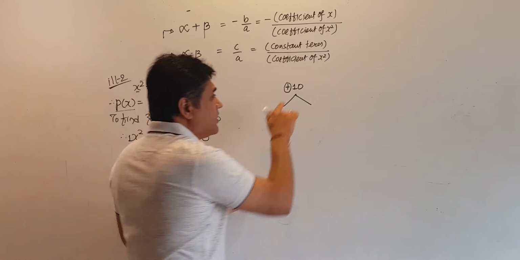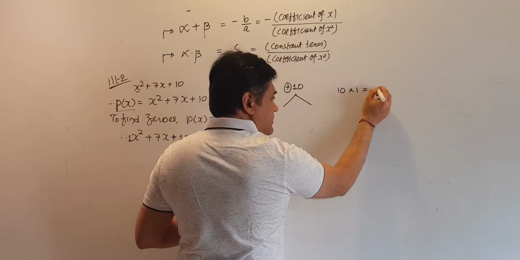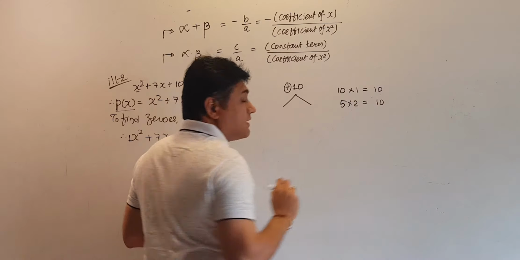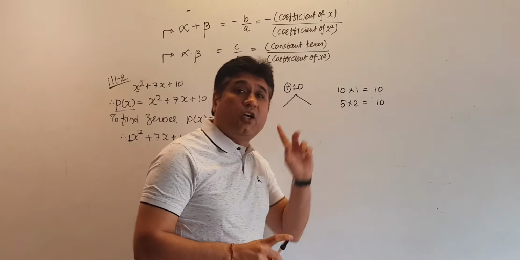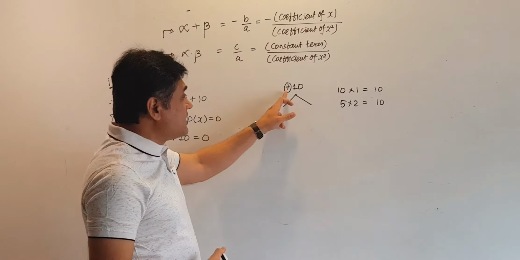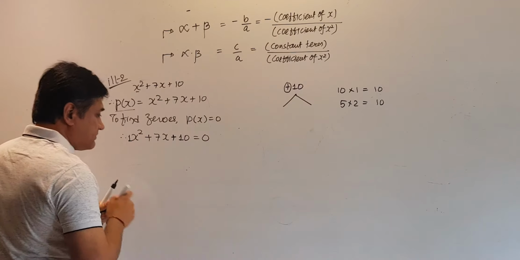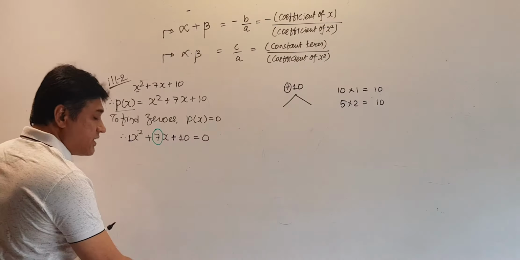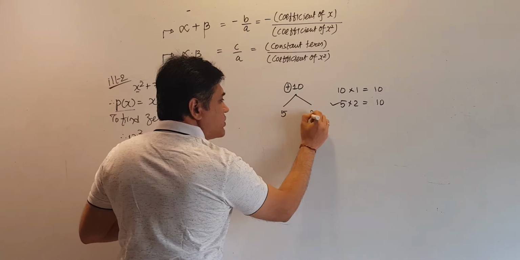Let me explain you. So factors of 10: 10 into 1, that is also 10, and 5 into 2, that is also 10. Now which one should I take? 10 into 1 or 5 into 2? The sum of the two factors should be 7. So which should I take? This one, so I will write 5 and 2.